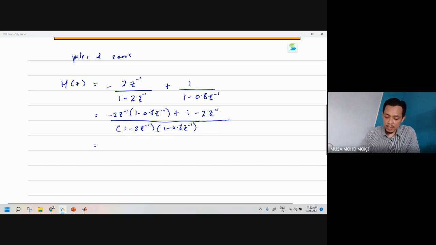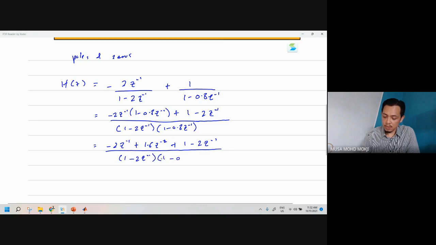From there we have -2z^-1 plus 2 multiplied by 0.8, which is 1.6 z^-2, and then plus 1 minus 2z^-1 of the rest.